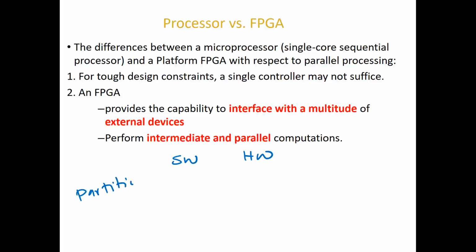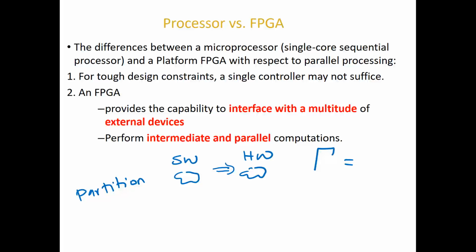In partitioning, we said, okay, we'll have some of the design in software and some in hardware, and let's measure speed up. And if we like the speed up and the cost of communication, then we move some of those designs to hardware. Many people resist going to hardware because, understandably and justifiably, hardware design is hard.